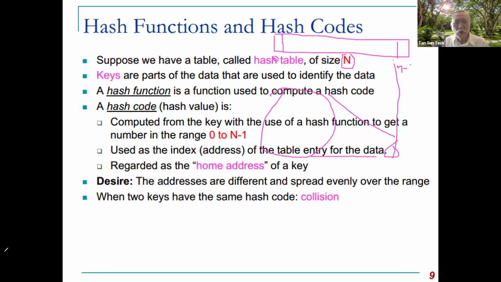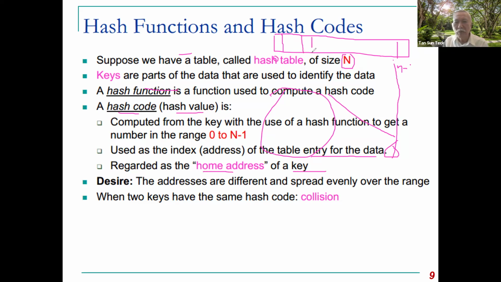This hash code, or hash value produced by the hash function, is called the home address of the key. Every key that is put into the hash function, the value returned is the home address of this particular key.